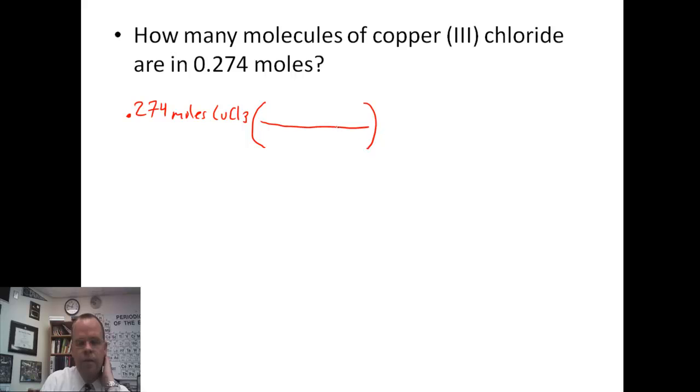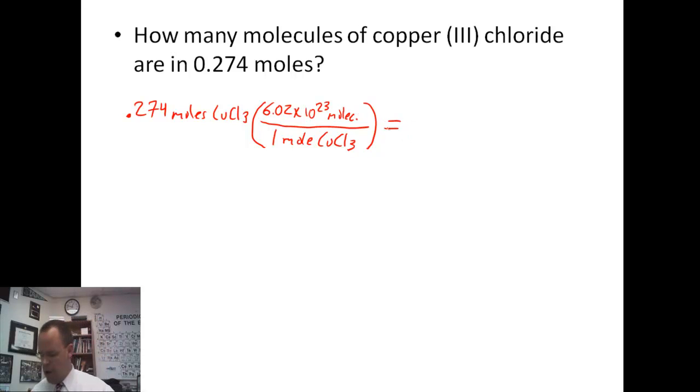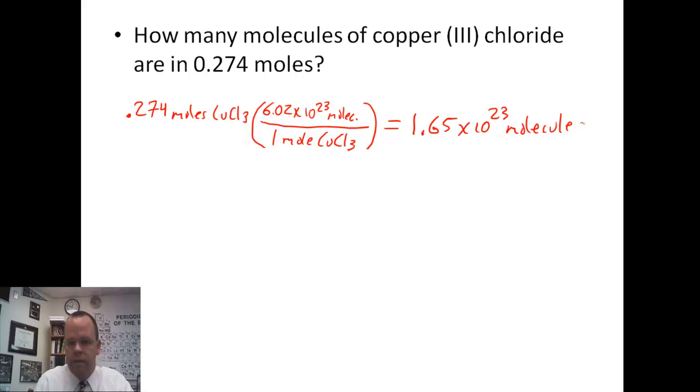We're going to convert that into molecules. 1 mole goes on the bottom because that's what we're trying to cancel, is equal to 6.02 times 10 to the 23rd molecules of copper 3 chloride. 0.274 times 6.02 times 10 to the 23rd gives us, to 3 significant figures, 1.65 times 10 to the 23rd molecules of CuCl3.